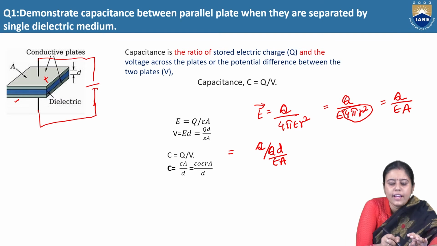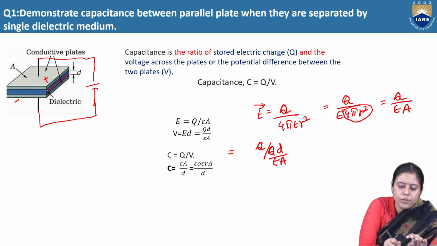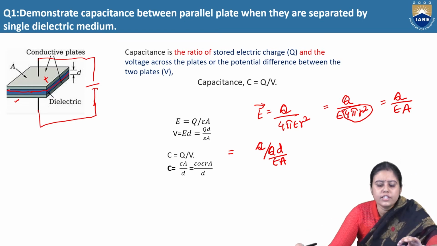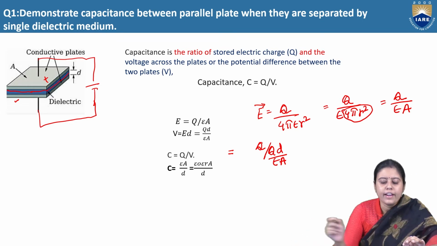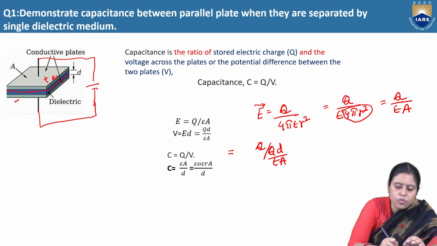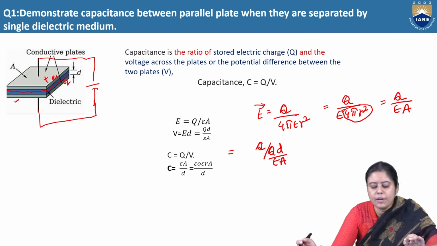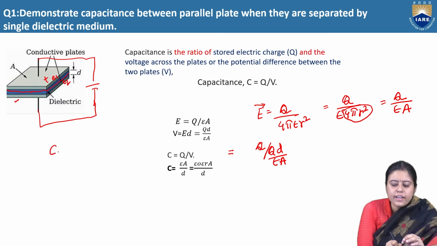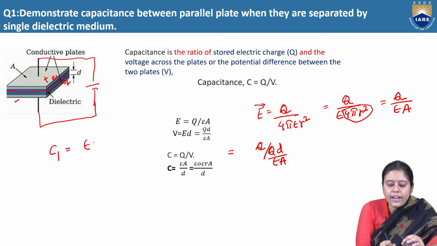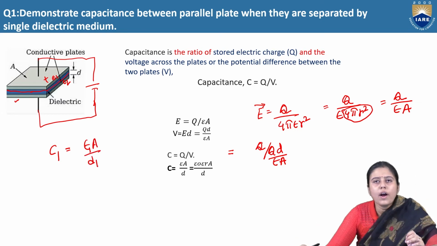We can assume there are two types of epsilon, and we can write this is epsilon 1 and this is epsilon 2. There are two different media. So, what is C1? C1 will be epsilon 1 A by D1. Why?